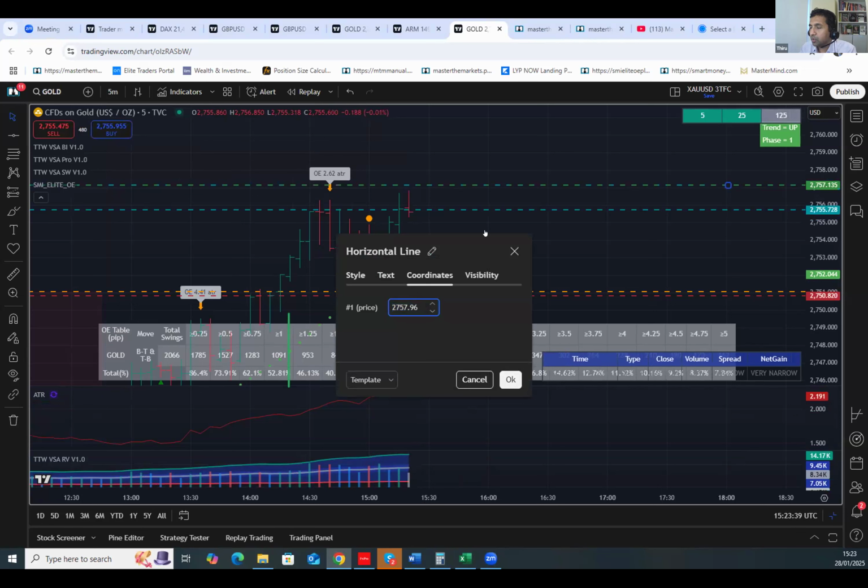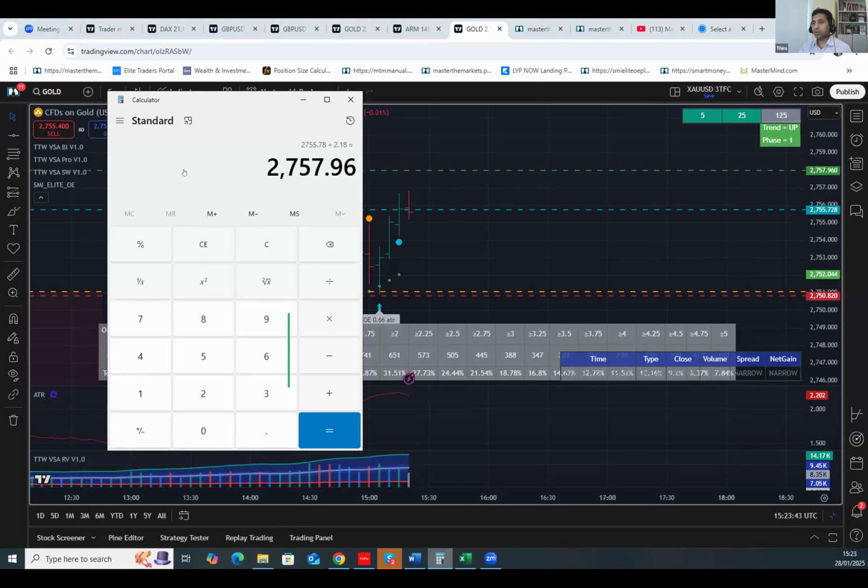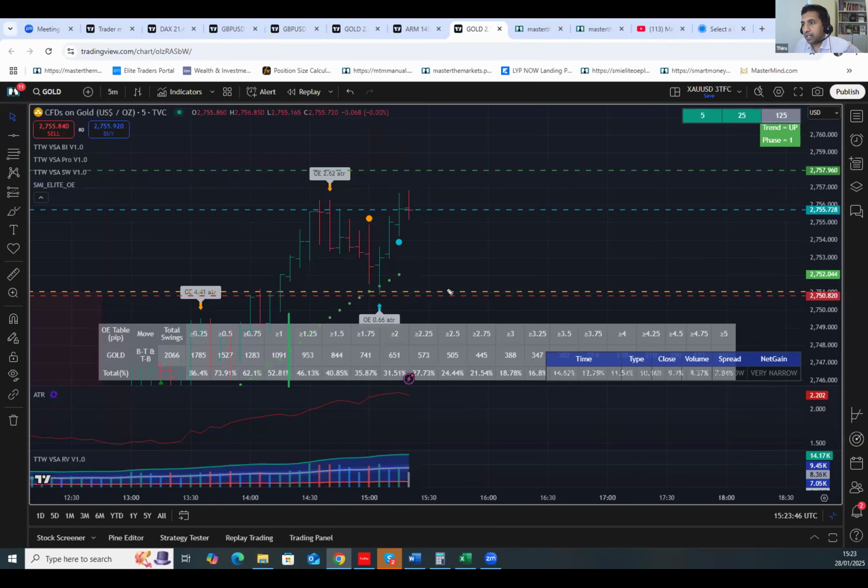Okay, so that's what we are looking for here. All that in a statistically validated manner, all backed by probabilities as well, according to this framework.